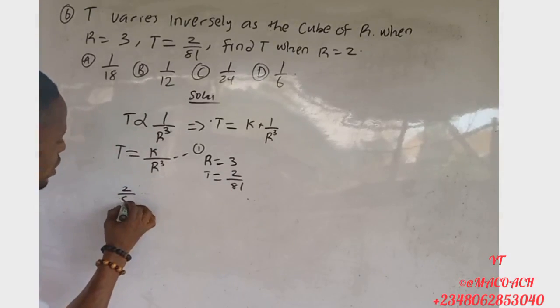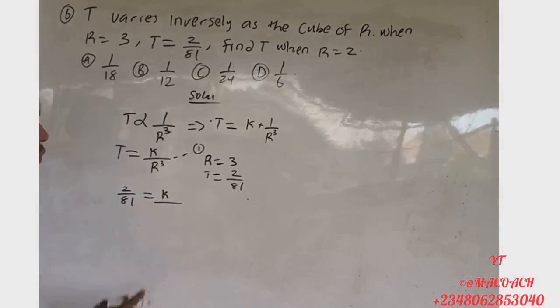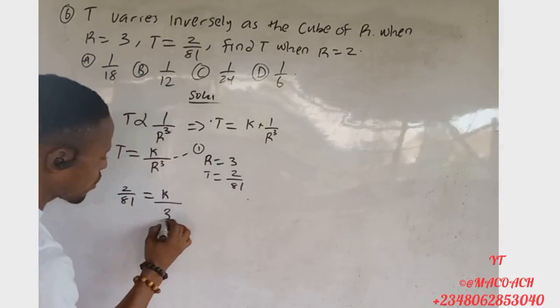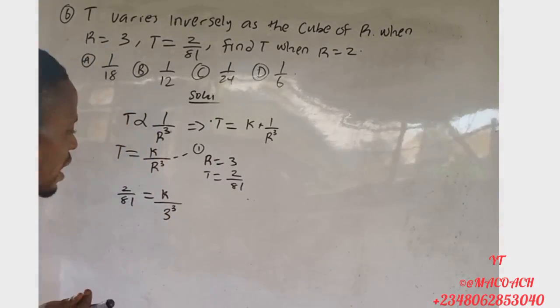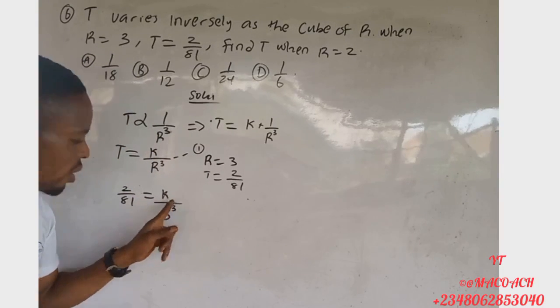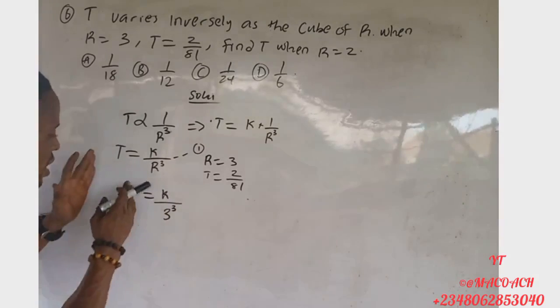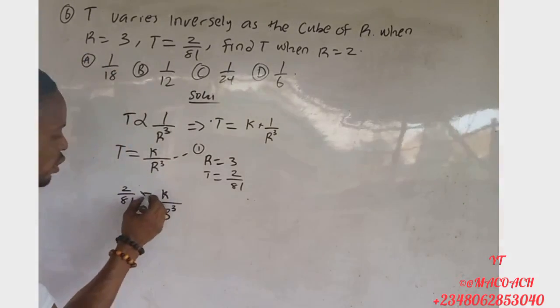We have 2 over 81 equal to k divided by r raised to the power 3. Our r is equal to 3, that's 3 raised to the power 3. To get the value of k, you have to make k the subject. Since both sides are fractions, we cross multiply.